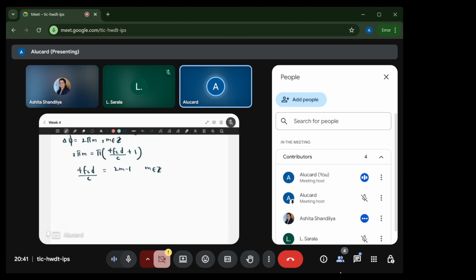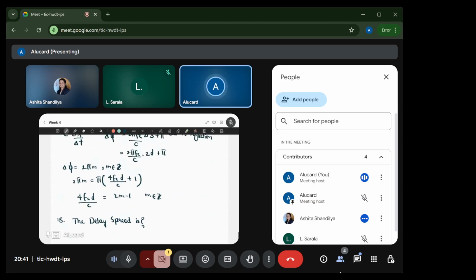Finally, question 18. We saw what the Doppler spread was. Question 18 asks, what is the delay spread? The delay spread is the maximum time delay minus the minimum time delay, or you can say the time of arrival of the signal that arrives the latest minus the time of arrival of the signal that arrives the fastest.